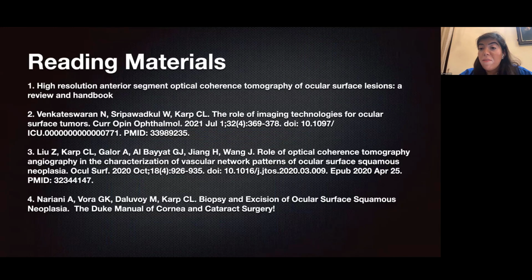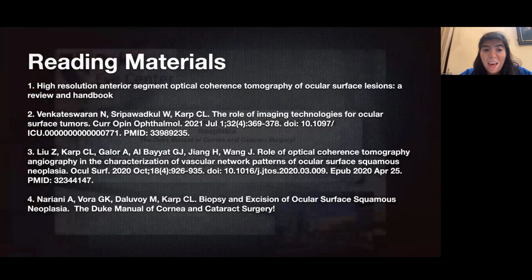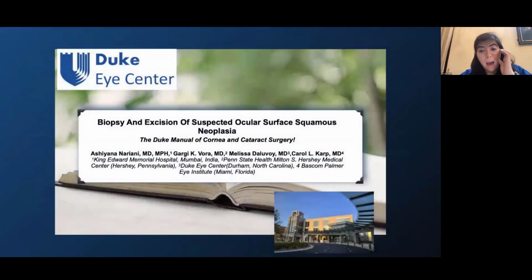I've put together a few reading materials that can really help in understanding this topic more. One of them was put out with Carol Karp, Gergi Vora, Melissa Dalavoy, and myself out of the Duke Manual of Cornea and Cataract Surgery.